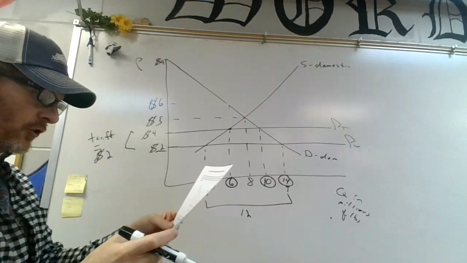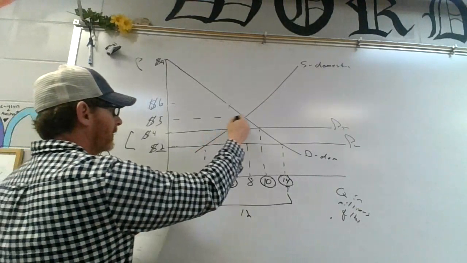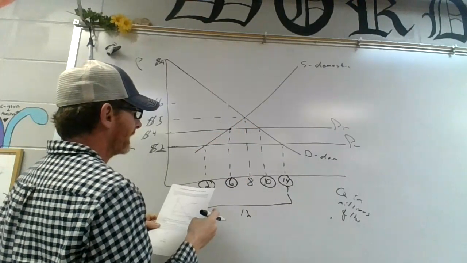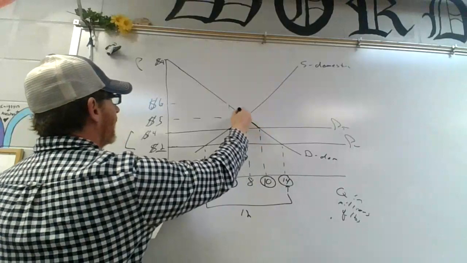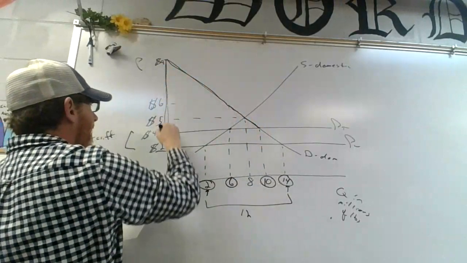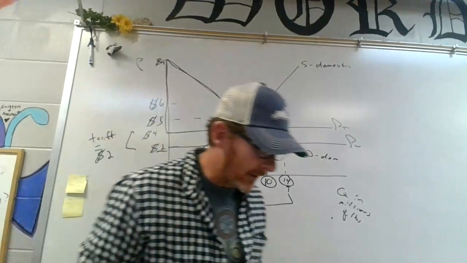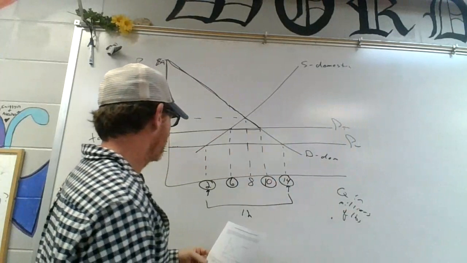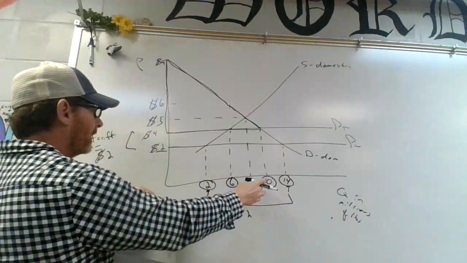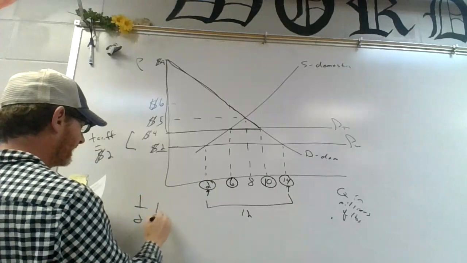Calculate the domestic consumer surplus. Well, the domestic consumer surplus is essentially this entire area like this, right? So from this graph, remember, it's 1/2 base times height.